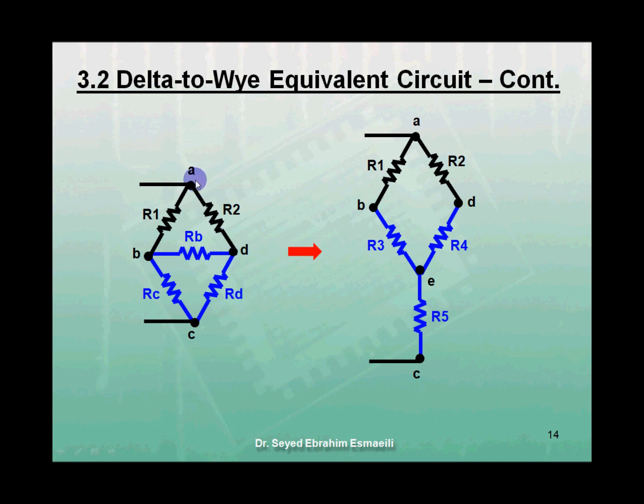To find the equivalent resistance between nodes A and C, we need to transform the delta configuration of RB, RD, and RC into a Y configuration of R3, R4, and R5, from which the equivalent resistance between nodes A and C is equal to R1 plus R3 in parallel with R4 plus R2 in series with R5.